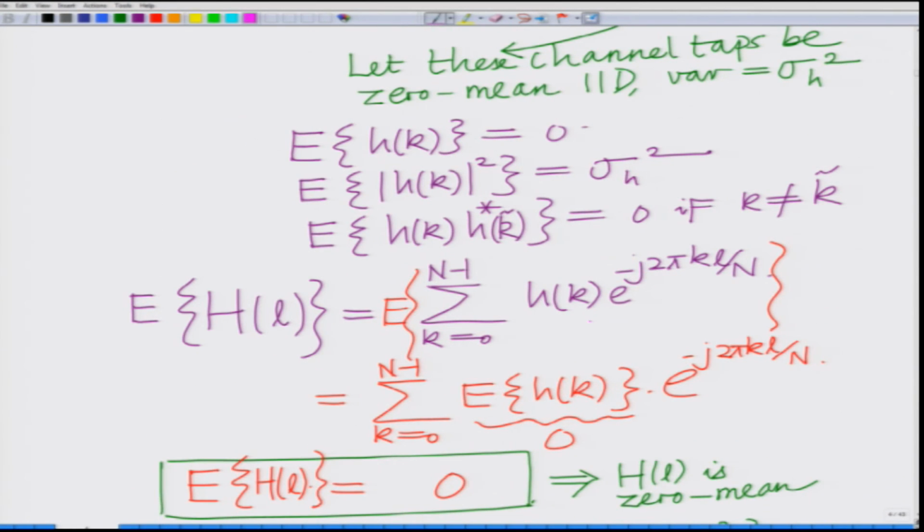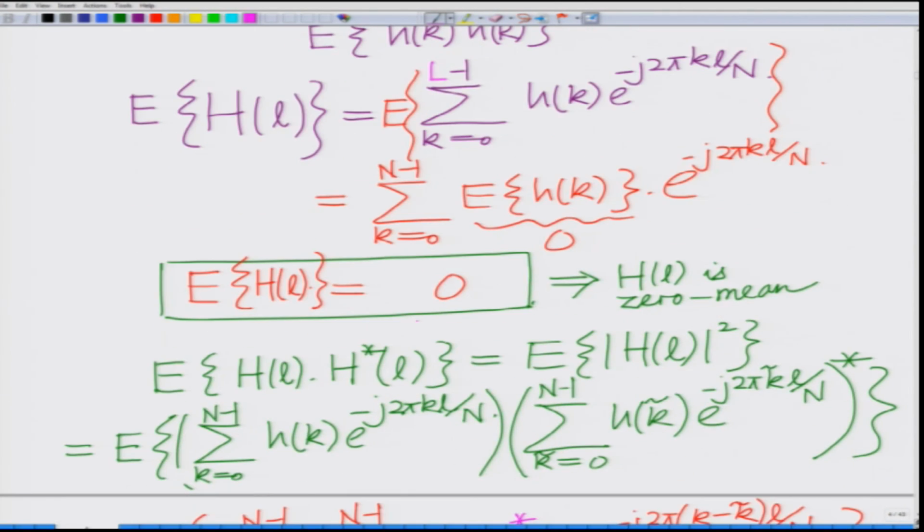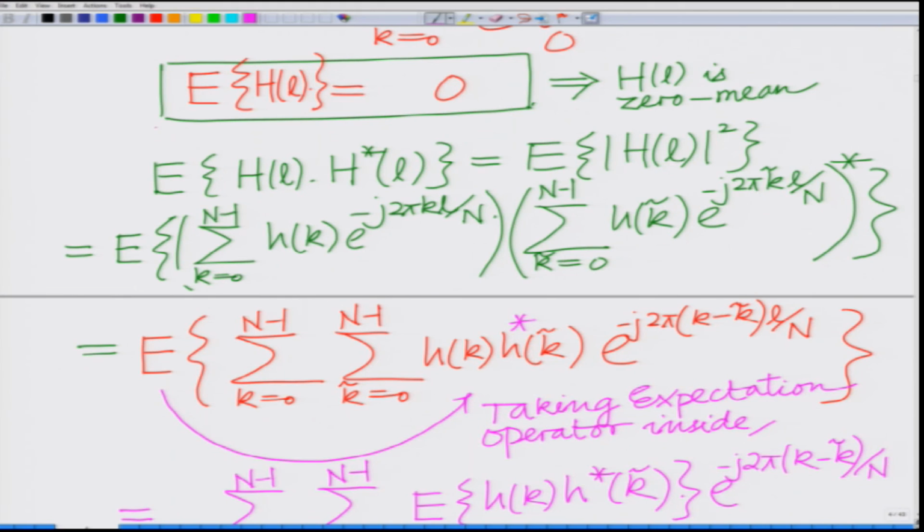sorry, this has to be, because there are only L channel taps, this can only be till L minus 1. All the summations are only till L minus 1 because we have only L channel taps.